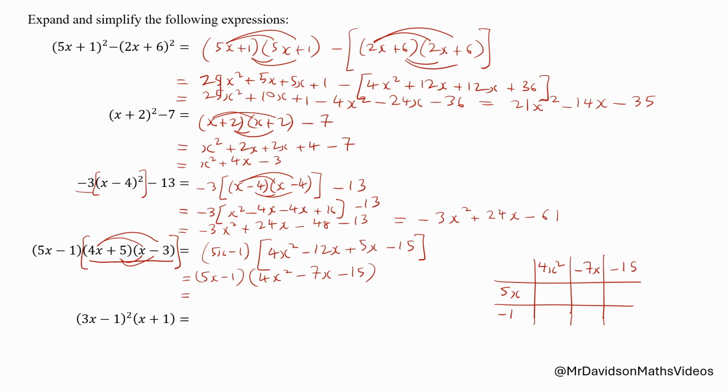So 4x squared times 5x is going to give me 20x cubed. 5x times minus 7x is going to give me minus 35x squared. 5x times minus 15 is going to give me minus 75x.